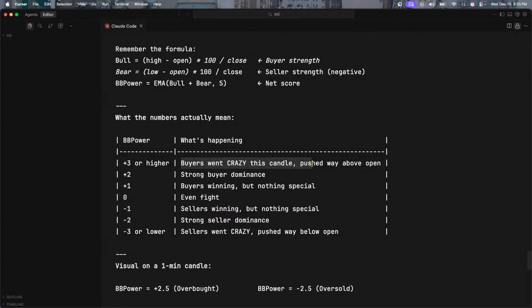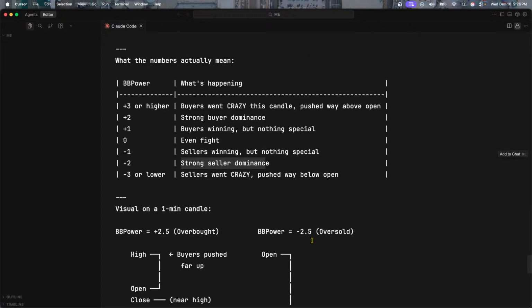Buyers went crazy this candle, pushed the price all the way up. Strong buyer dominance. Buyers are winning, but nothing special. Even fight when it's at zero. Sellers are selling, nothing special. And then when it's -2, strong seller dominance. And then -3, sellers went crazy, pushed the price way down.